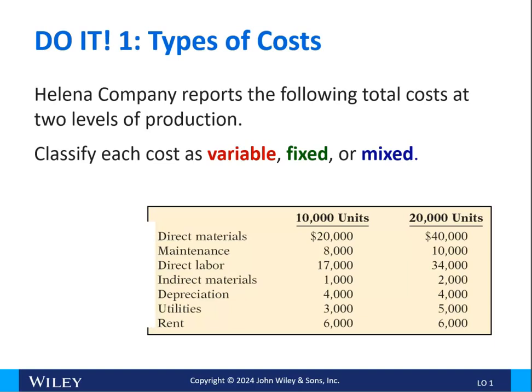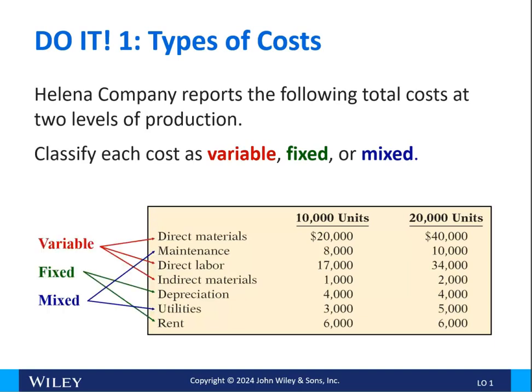So if we go through each one of these, think about what it would be, variable, fixed, or mixed. And we'll look at the answers here. So direct materials, direct labor, indirect materials are all variable. And again, if you think about our analysis in previous chapters, those are the types of costs that are more easily assigned to a product.